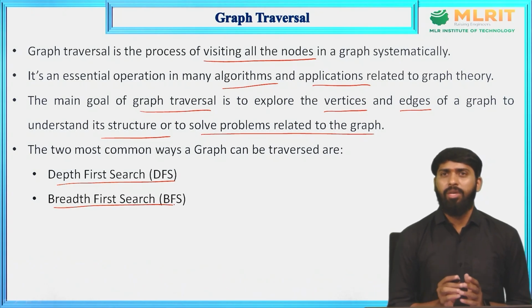Simply saying, graph traversing means visiting all the nodes present in the graph. For this we use 2 most common ways. One is BFS and another one is DFS. In this session, we see how the DFS algorithm works.